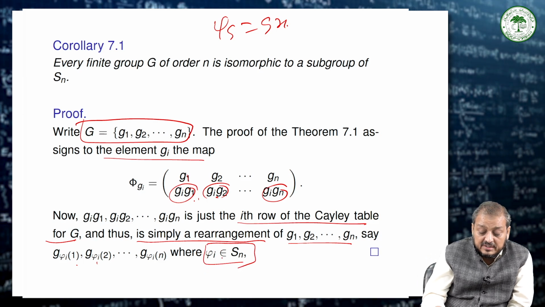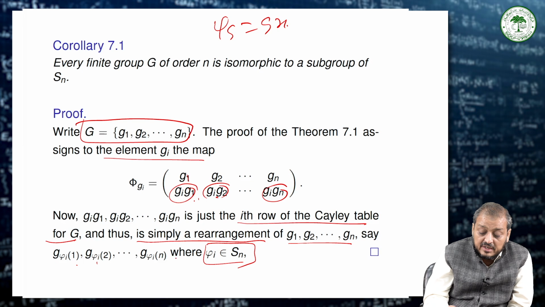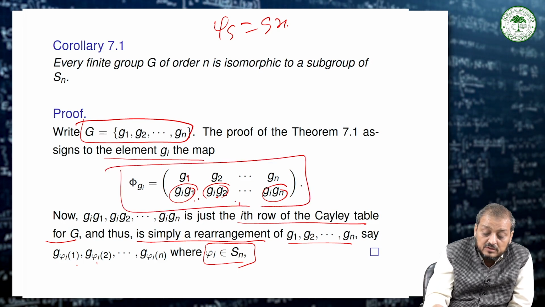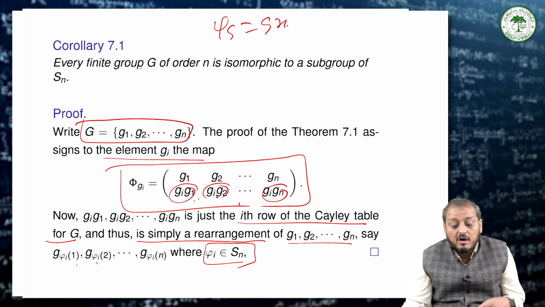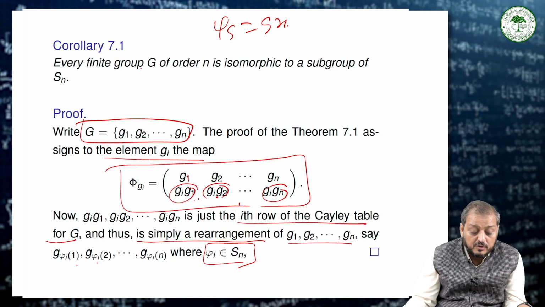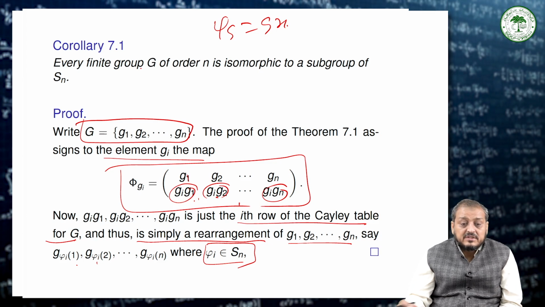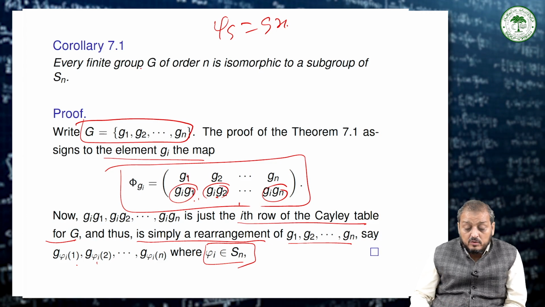So we can say this is an arrangement in this form. This means every finite group of order n is isomorphic to some subgroup of Sn.